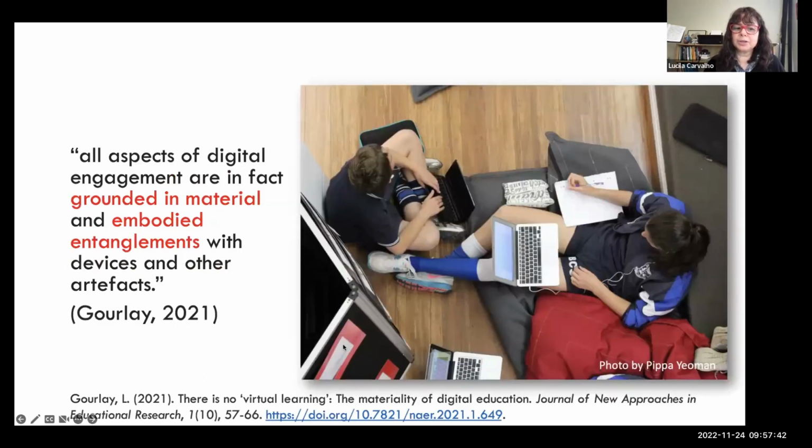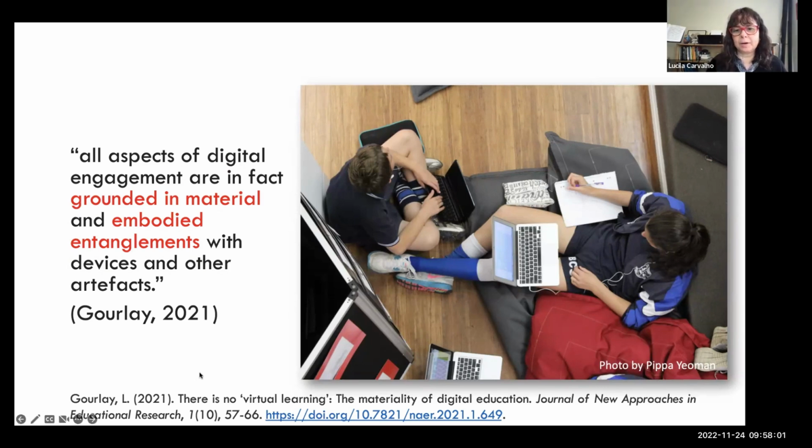And this is something also that Leslie Goulet talks about. So she talks about how all aspects of digital engagement are, in fact, grounded in material and embodied entanglements, and they are connected to different devices and other artifacts as well.